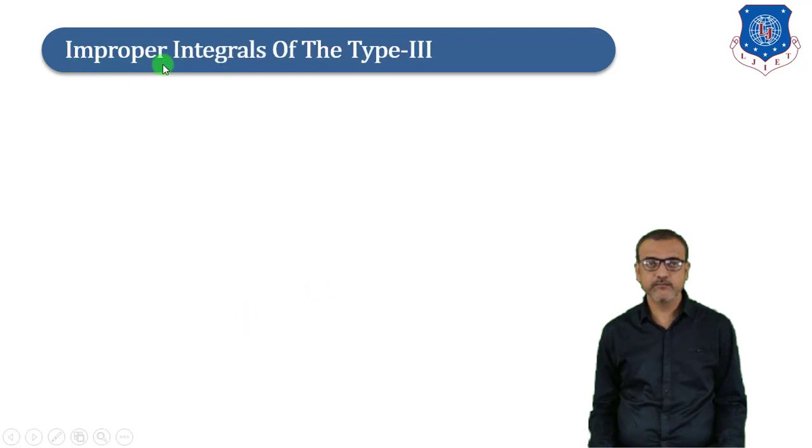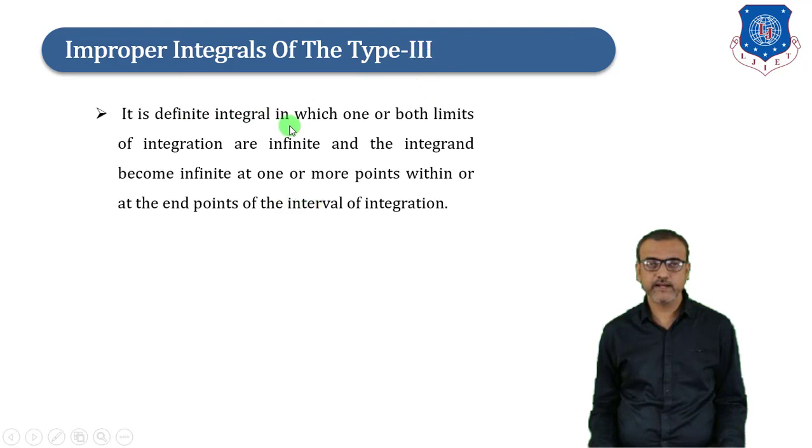Now we will see improper integrals of type 3. It is a definite integral in which one or both limits of integration are infinite and the integrand becomes infinite at one or more points within or at the end points of the interval of integration. So actually this is a combination of type 1 and type 2.